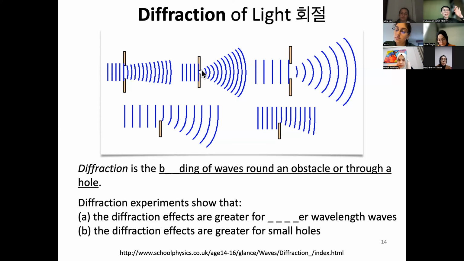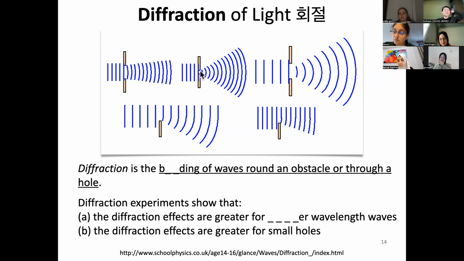But when they interact with the tinier holes, they actually bend more. This is what I want to emphasize. What matters here is the wavelength versus the size of the aperture. So all this is in fact relative.